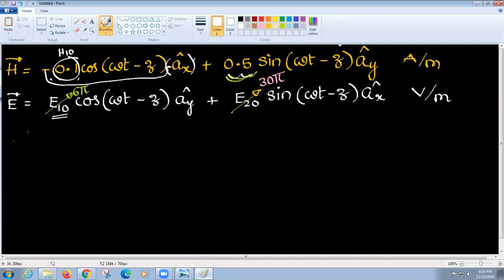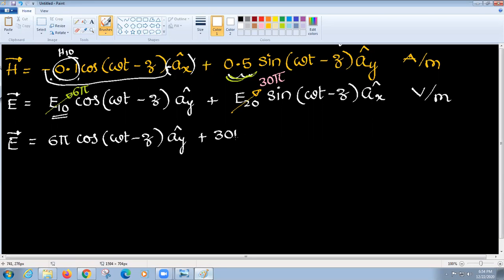So finally, let me write my clean equation: E equals 6 pi cos(omega t minus beta z) ay plus 30 pi cos(omega t minus beta z) ax volt per meter.